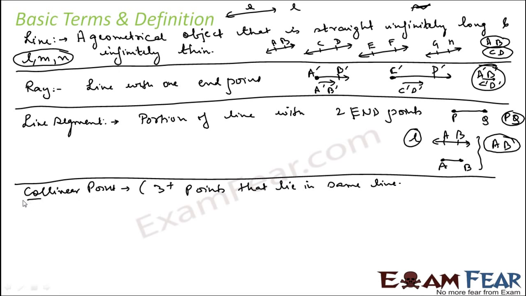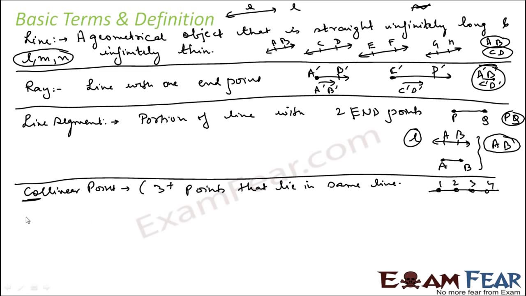All are in the same line. Co means together, like co-education, that means a school where both boys and girls study together. Co means together, linear is line. Points in the same line. For example, if there is a line, there are points 1, 2, 3, 4. All these points are actually collinear points.